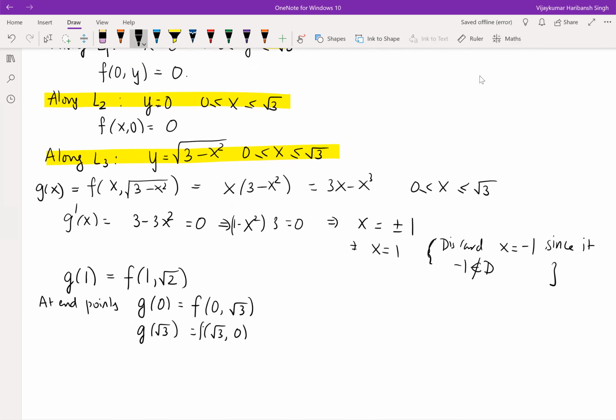Well, clearly when they are 0, it will lead to 0, right, because multiplication. So g of 1 is we have 1 times 1 times square root of 2 squared, which is 2.